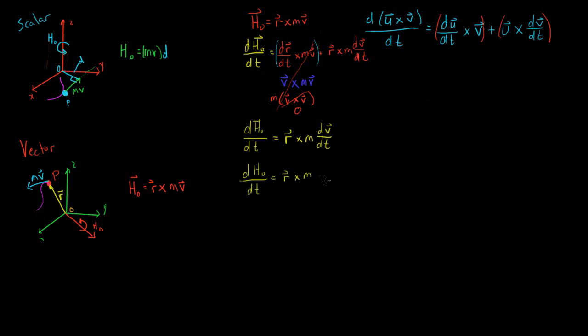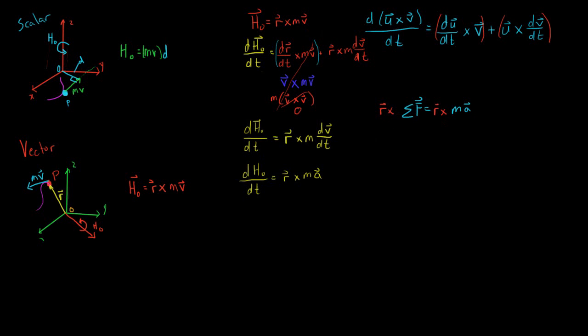So if we have Newton's law, which is the sum of the forces is equal to the mass times the acceleration, and we want to figure out all of the moments about this point O right here, we want to take the cross product of the position vector with both sides of this equation.